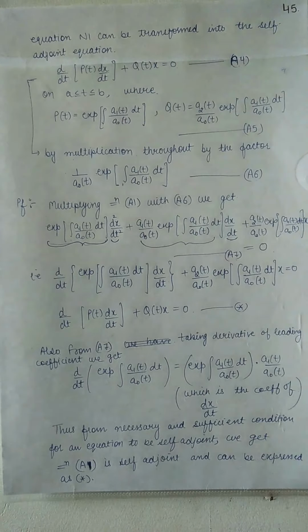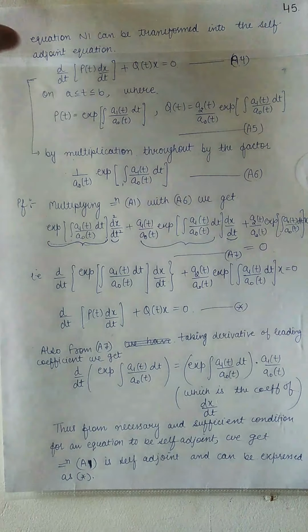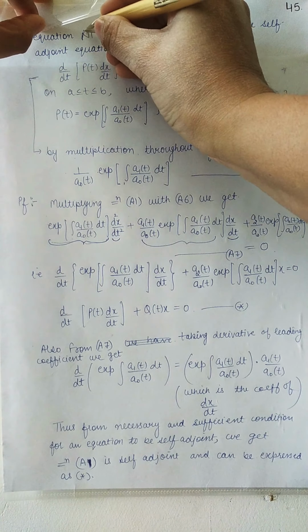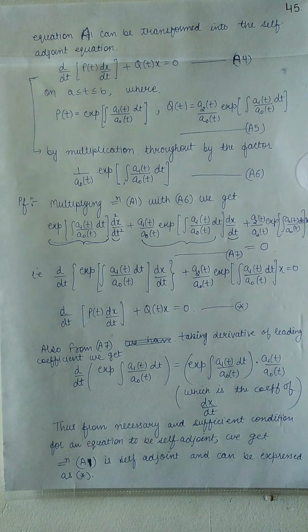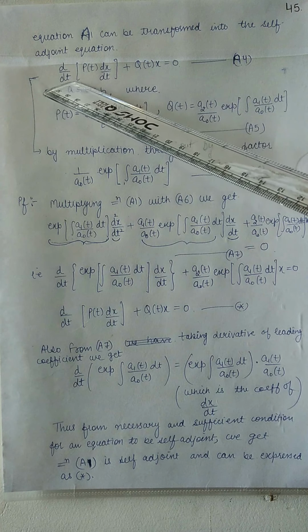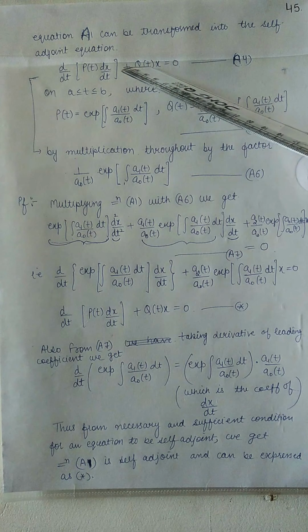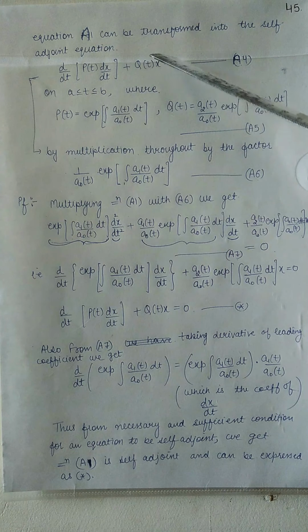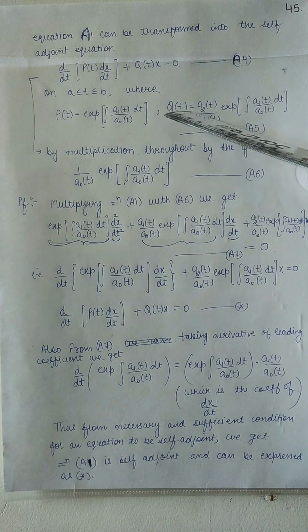Then equation A1 can be transformed into the self-adjoint equation d/dt (p(t) dx/dt) plus q(t) x is equal to 0, where p(t) is given by this factor and q(t) is given by this factor.